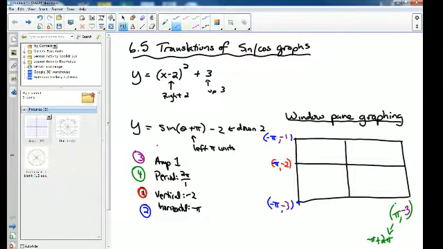It just tells you what to add. So it's horizontal plus period. We have everything we need.